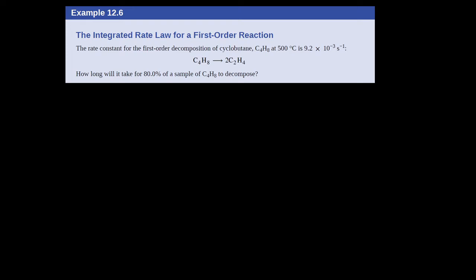If you would like to try this question out on your own, before I show you how to work through it, you can go ahead and pause the video now. The only thing I will tell you is that just remember that it is first order.